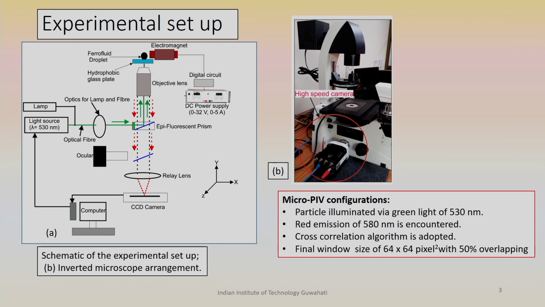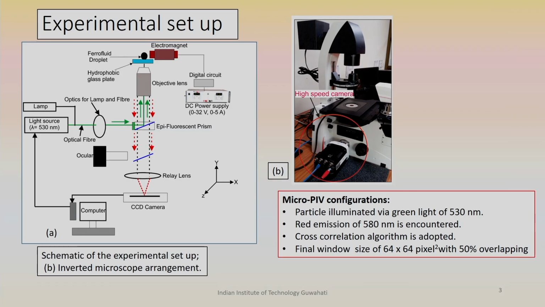Just today, since we will be discussing the use of micro PIV in measuring the internal hydrodynamic flow features, I have inserted the schematic. We have discussed all the things in the last class; the extra thing today is the object.